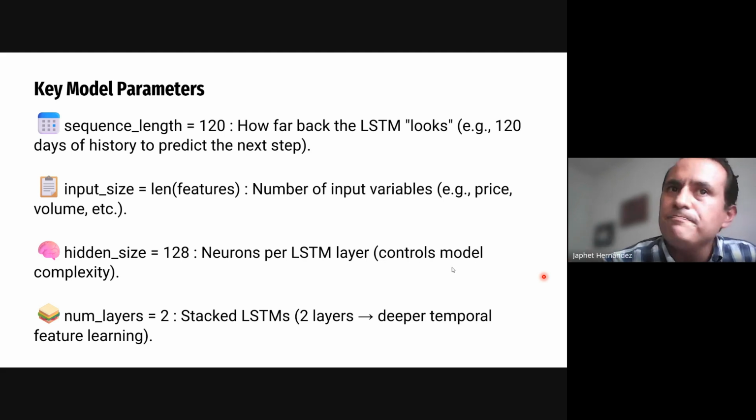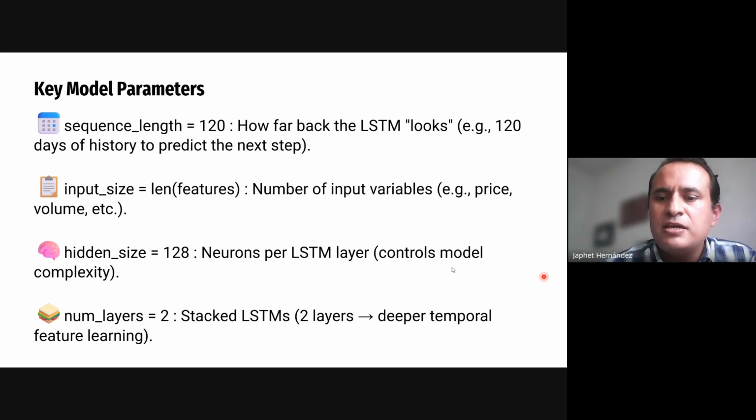If there were too few, they would not learn the patterns and would underfit. If there were too many, they would overfit. Also, we define the number of layers, which are the stacked LSTM layers. In this case, we have two stacked LSTM layers for the model to learn hierarchical time patterns, like spotting trends first and then fine-tuning the details.